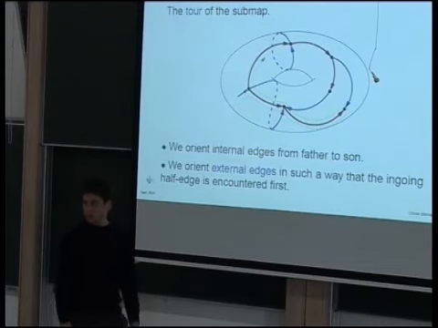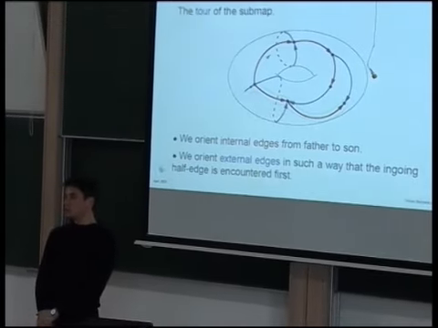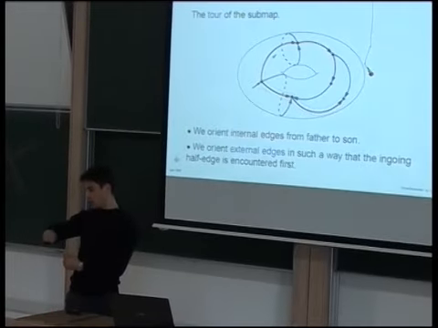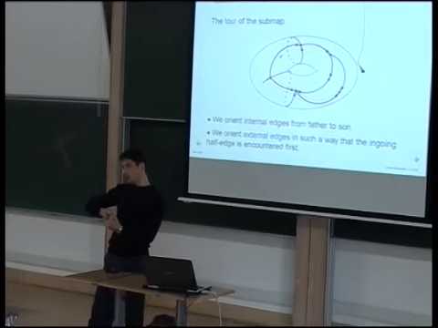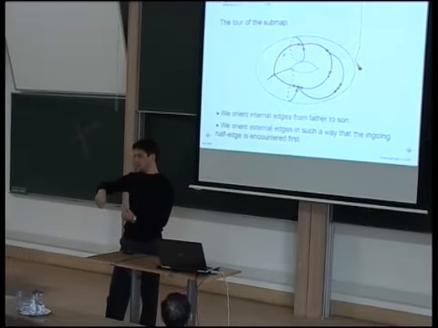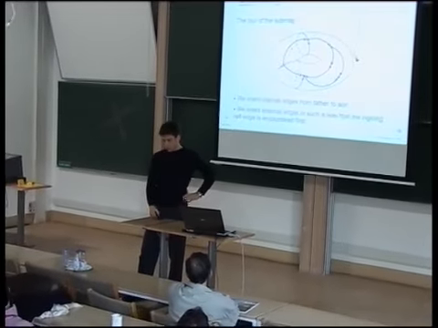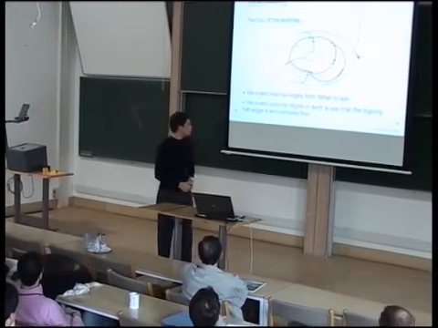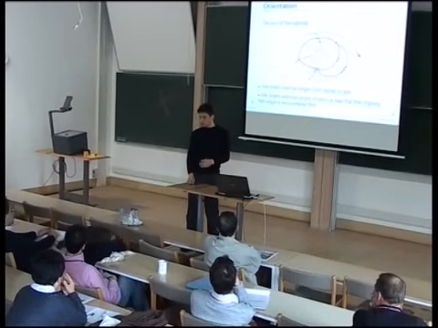It sounds circular. You first somehow construct your tour. Yeah. So you are orienting the submap in the way that you are visiting it. That's right. So this is not construction of the tour, what you are describing. No, no, no. The construction of the tour, you don't have any orientation.